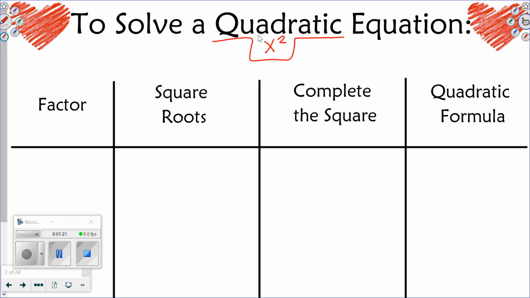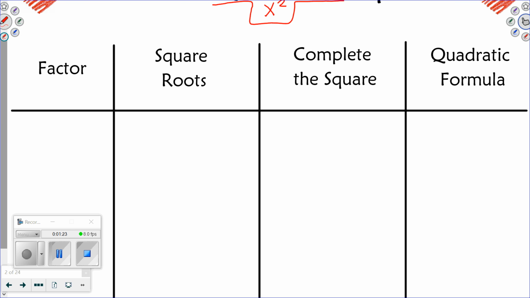So our first option that we've been working on is factoring. We know how to factor, right? So when you're factoring, what was the first thing you have to do with the problem? Set the equation equal to 0.